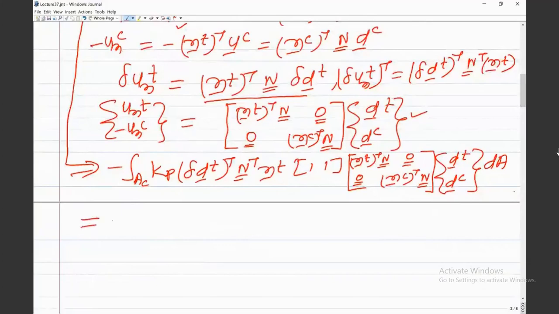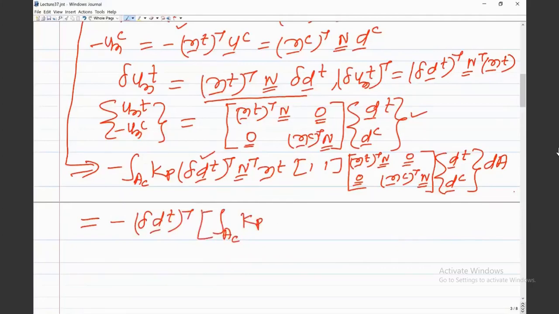So now you would see that this can be written as minus, and this variation of vector of elemental degrees of freedom can be taken out of the integration sign. So you can write this as minus delta dt transpose, outside the integration sign, and then we have this matrix integration over AC, and then we have this parameter kp.